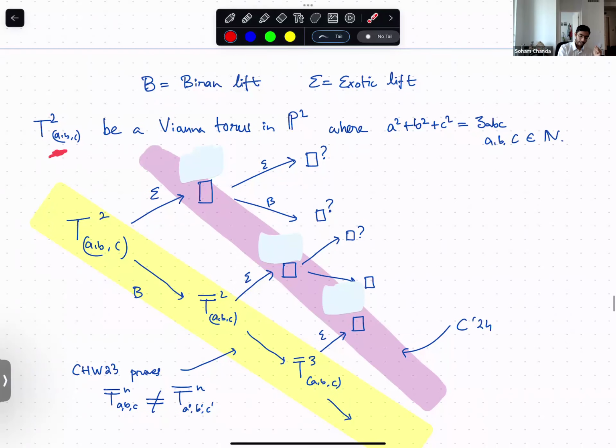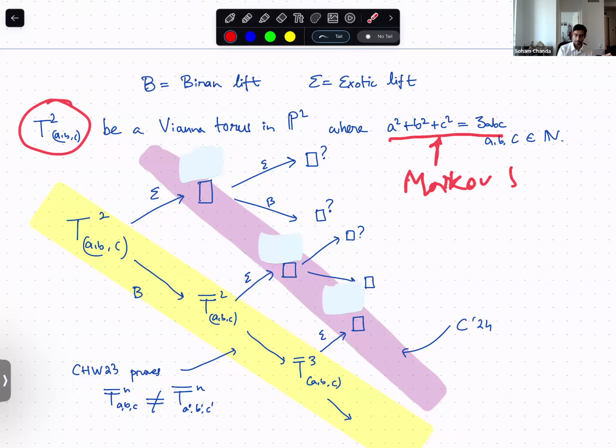So if you start with any T_ABC, where T_ABC is the Vianna torus, recall that Vianna constructed the torus T_ABC for any triple which satisfies this. This is called a Markov triple. So for any integers ABC satisfying this, you get a torus.